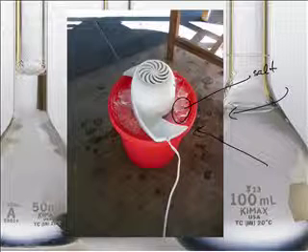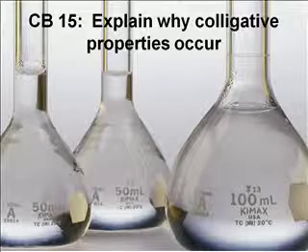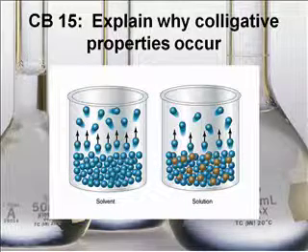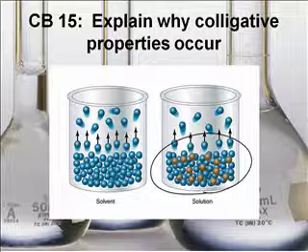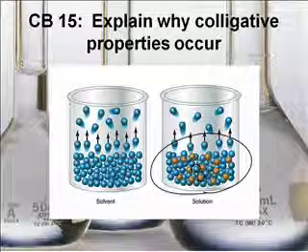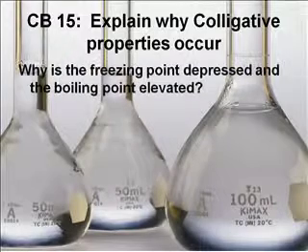All right. Now why does this property occur? This is where we kind of alluded to it. The key is the attraction of the solute, the brown in this picture, for the solvent, the blue in the picture. It holds onto it more tightly so it cannot evaporate. So why is the freezing point depressed and the boiling point elevated?